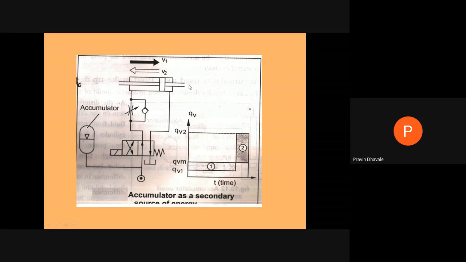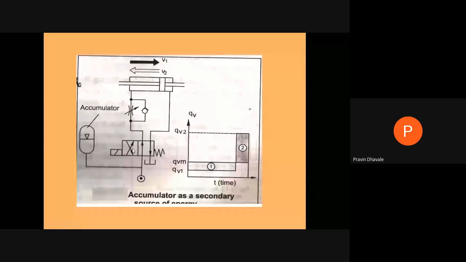But whenever you have to move this piston from right to left with high speed, we can take the help of the pressurized fluid in the accumulator, and that will be actuated by using the second position. And the second position comes into action by using this solenoid control valve.